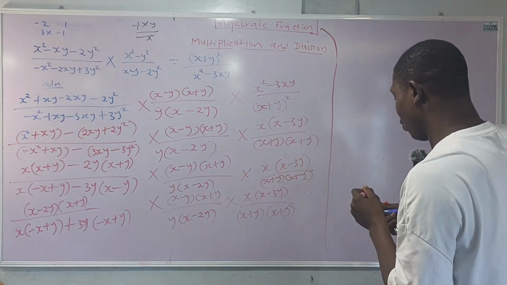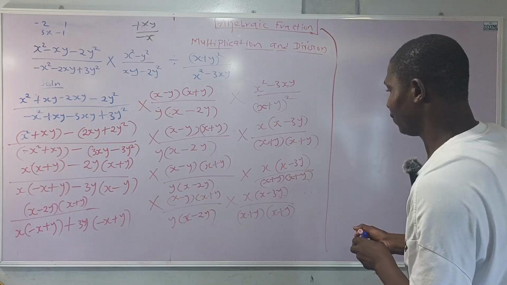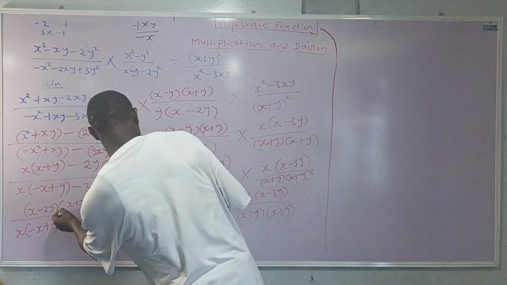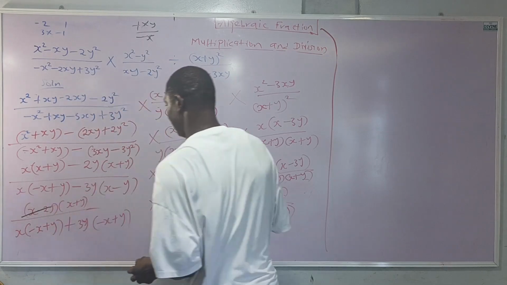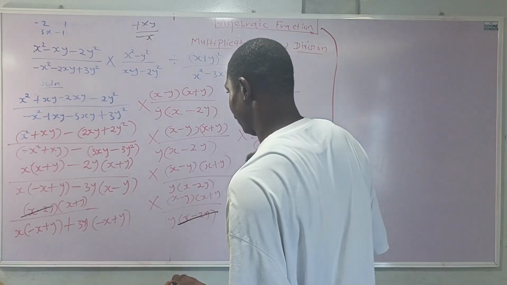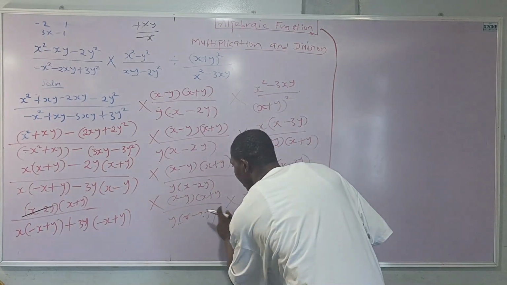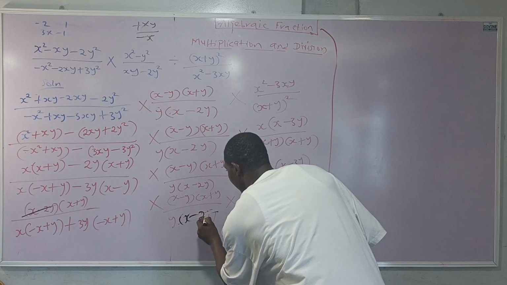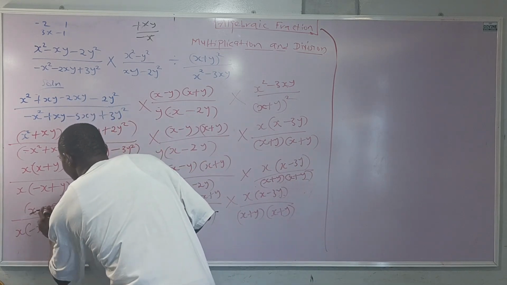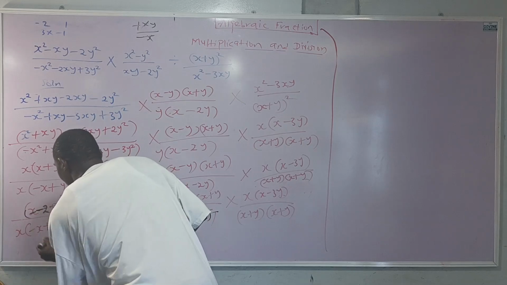Now try to see if some of the values can cancel out. Now, this easily cancels this. No? Let's wait, because there's something I ought to do here. Or rather, we have to do here.